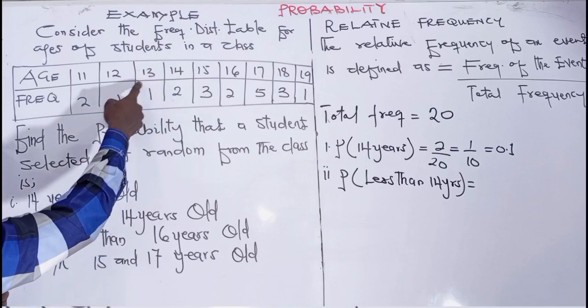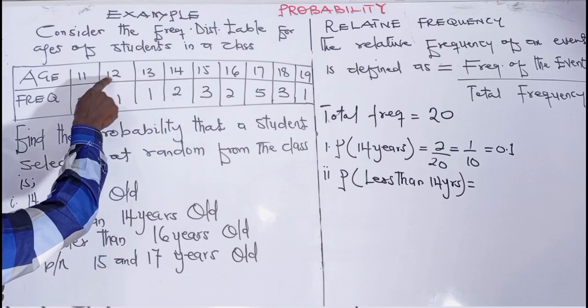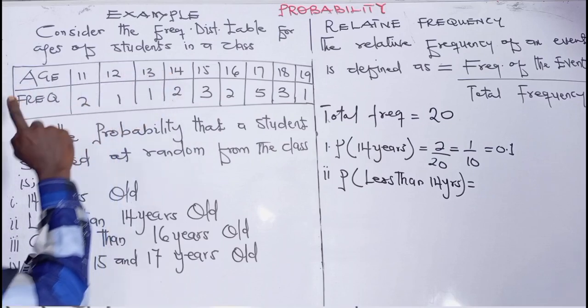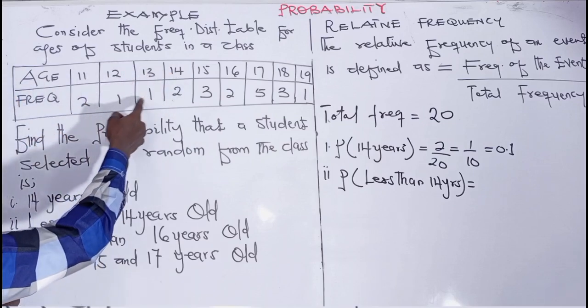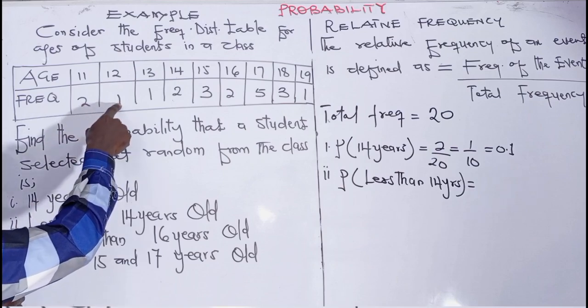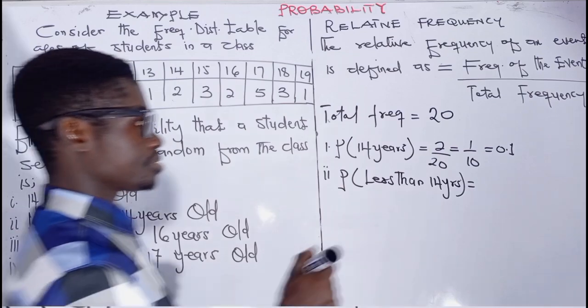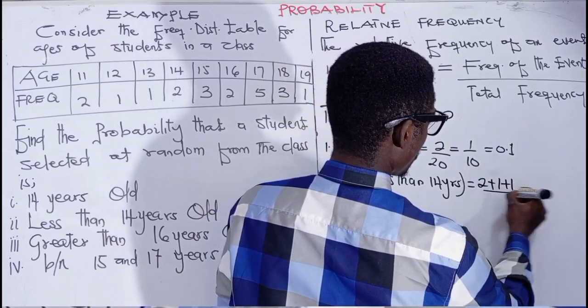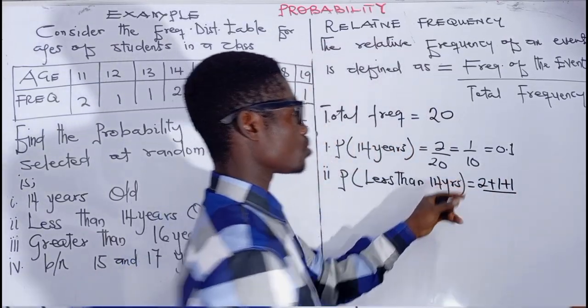So less than 14 years means we are going to look at 11 years, 12 years, 13 years, because 11, 12, 13 years are less than 14 years. So we are going to add their corresponding frequency. So we have 2 plus 1 plus 1, all over the total frequency, we have 20.